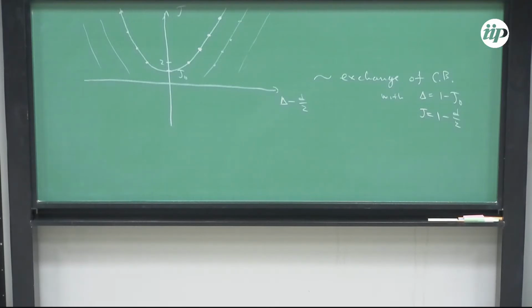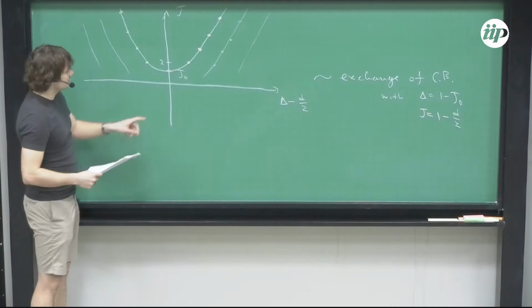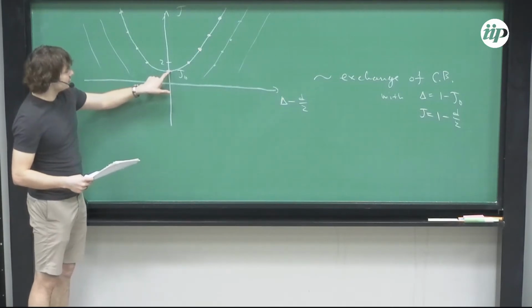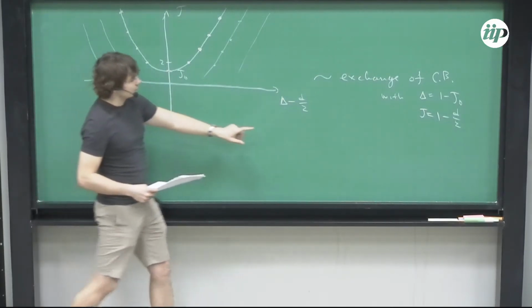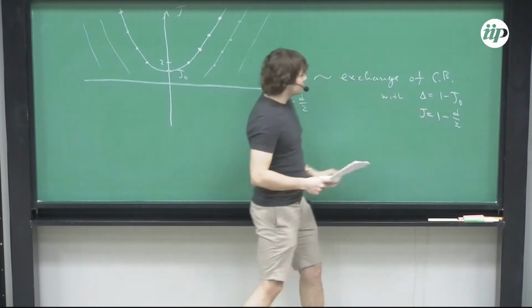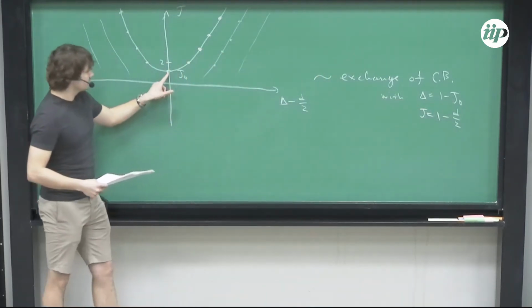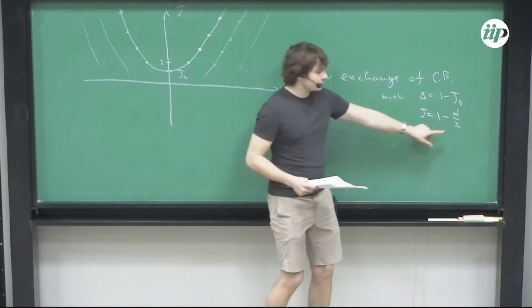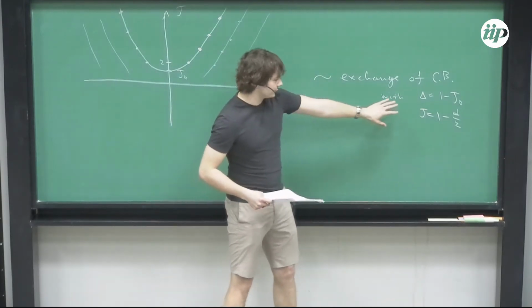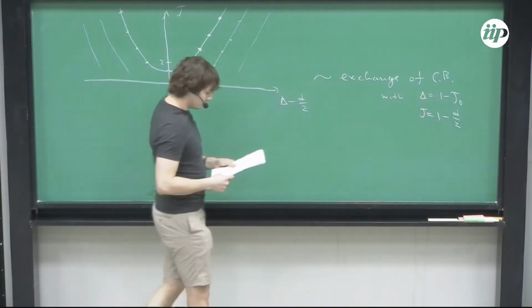And okay, let me say this now, that here at this point you have spin equals J0, and it goes here, and you have dimension equal to d over 2, and this goes here. And I'll explain where this comes from later.